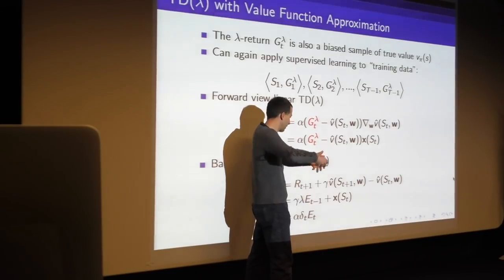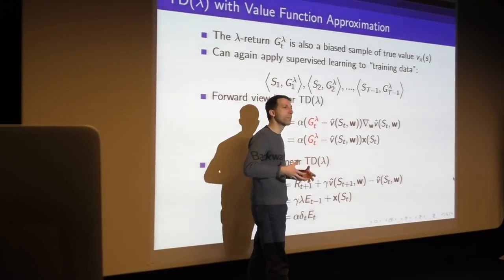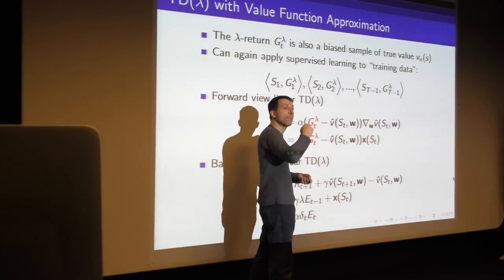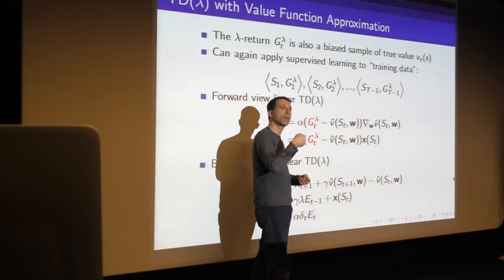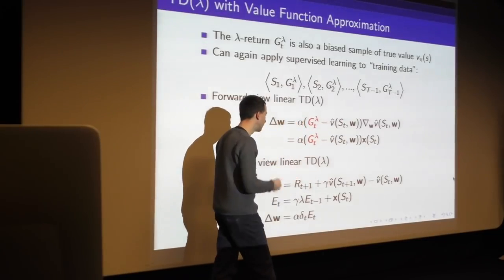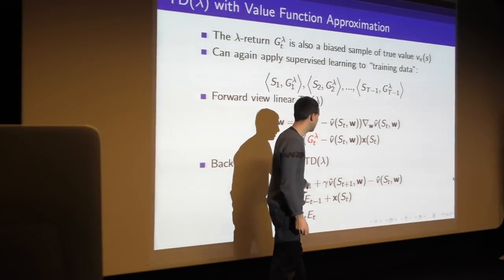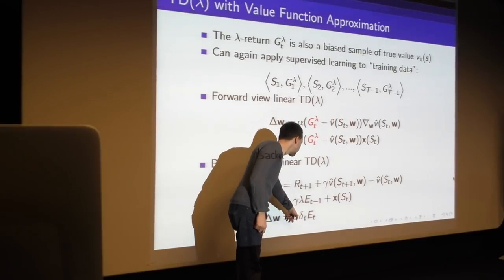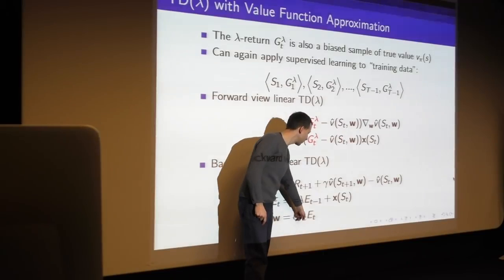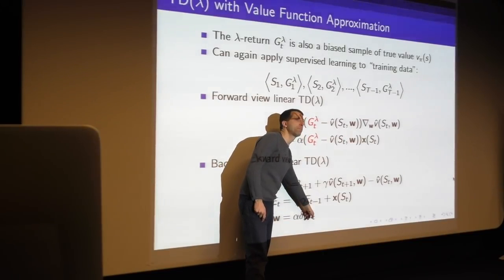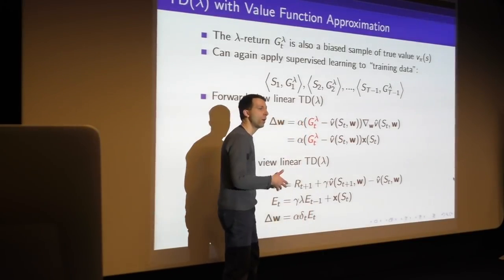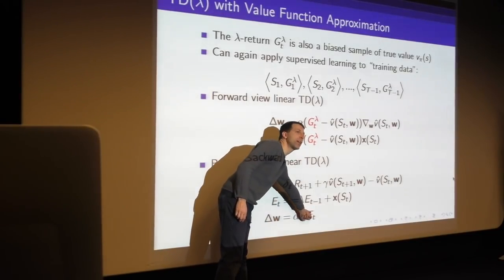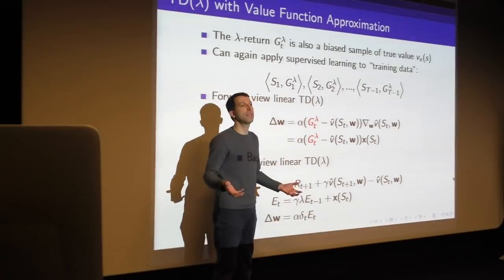The more something occurs in your eligibility, the higher your eligibility is pushed, and that feature will then get updated the most when you actually see an error. And then the TD error is generated in the usual way, and we update our weights a little bit in the direction of the TD error multiplied by this eligibility vector. So we update our weights proportional to the TD error and how much each of those weights is to blame for the error that we've seen.